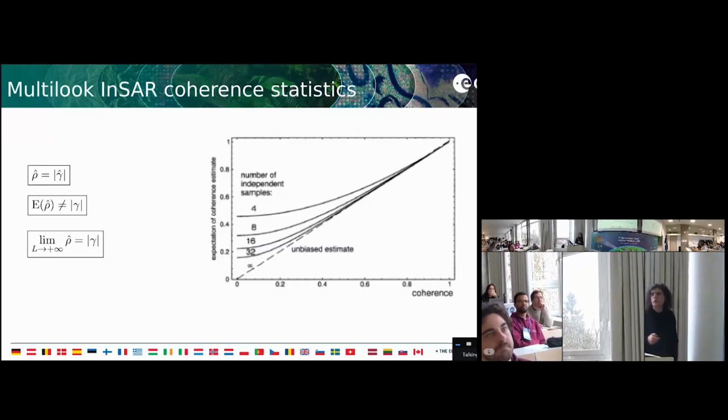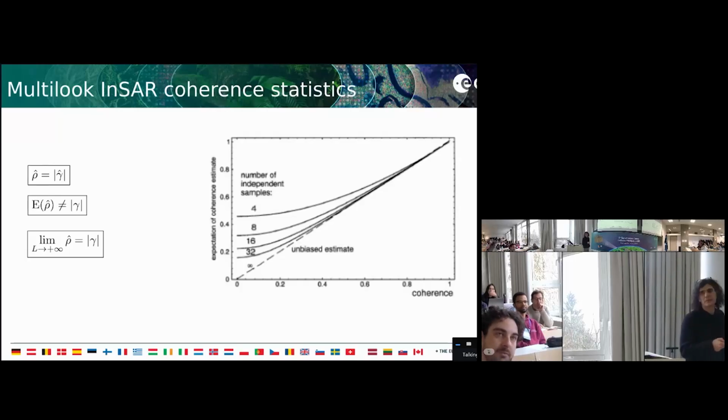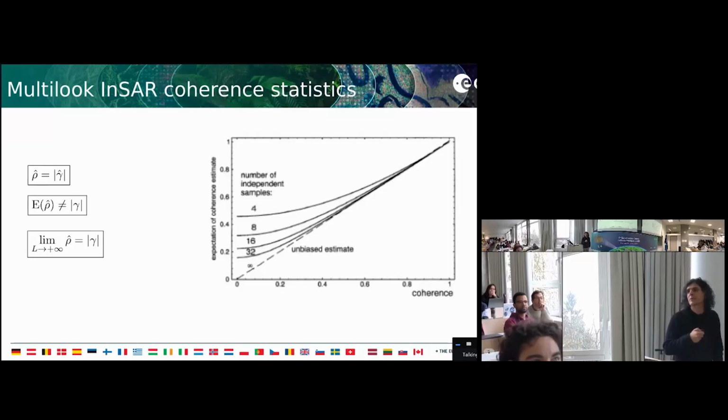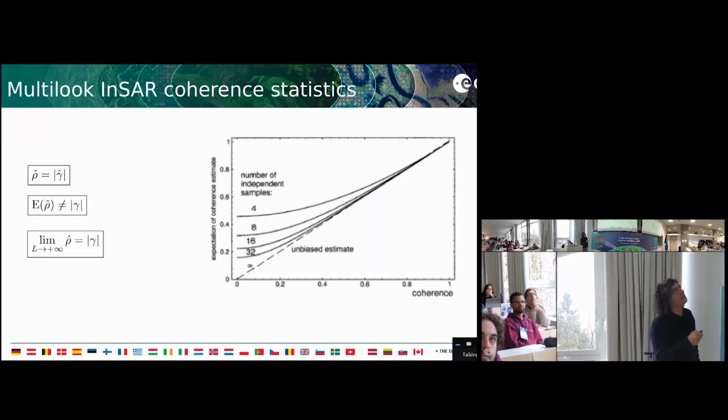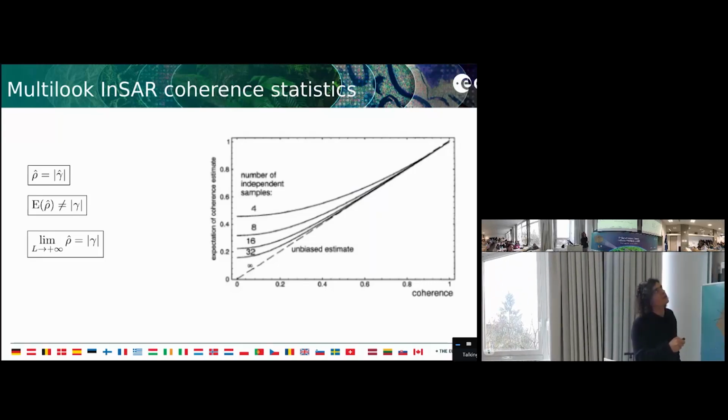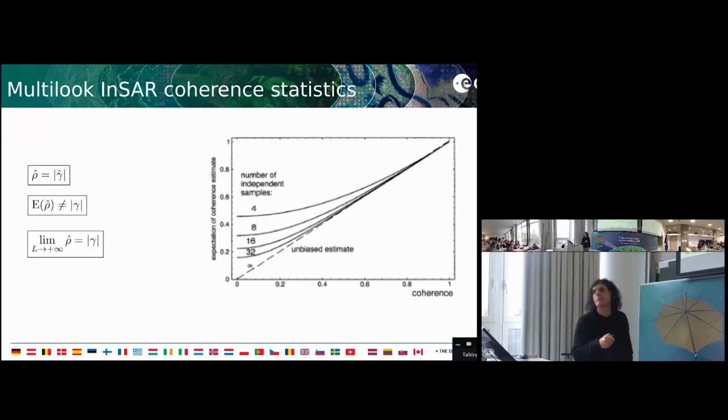It shows you the relationship between the true value of the coherence and the one you estimate when you apply multi-looking. So when the true coherence is equal to 1, when your environment doesn't change between two acquisitions, then even if you don't average, your estimate will be the correct one.